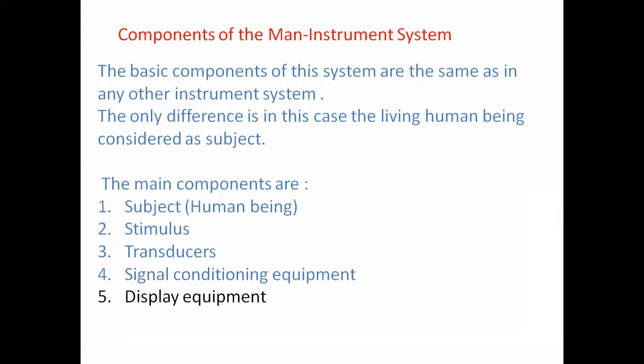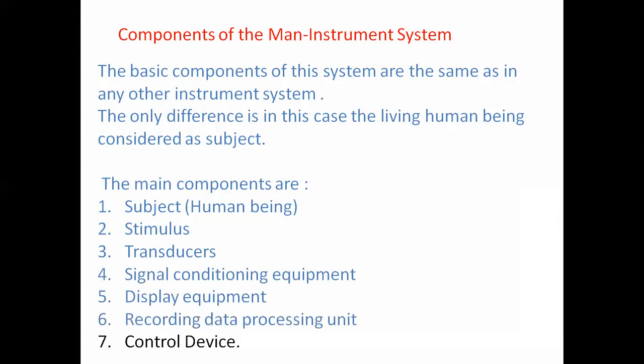Further, the obtained signal will be displayed on the display devices, that is display equipment. And also the data will be recorded for the data processing unit. And we have a control device. So these are the main components of a man instrumentation system.